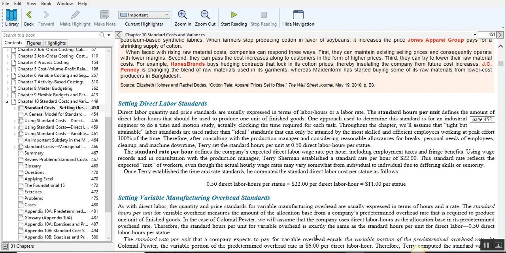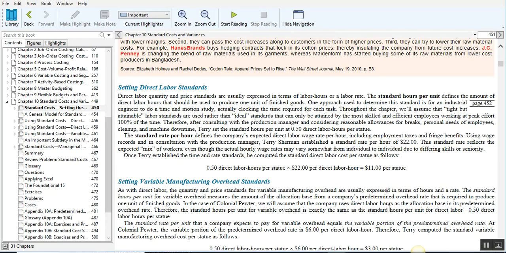So you're going to look at the hours required to make these products, but you're going to build in some understanding that there may be some fluctuation in how quickly these are actually made.